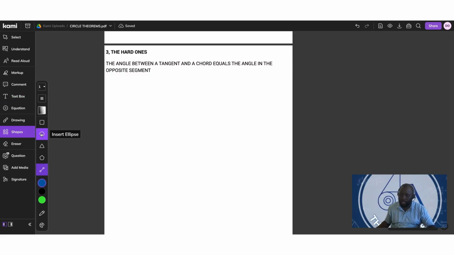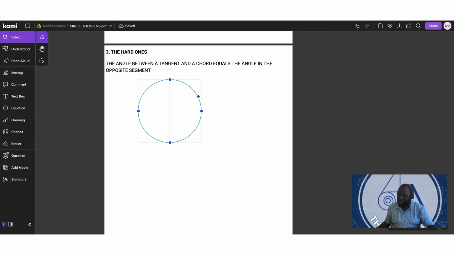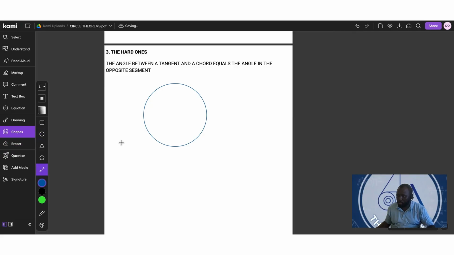So if we draw a circle, let's attempt that again. We draw a circle. Okay, I think I know where the problem is. I'm supposed to release the circle before I release the shift button, and we draw a tangent to this circle.